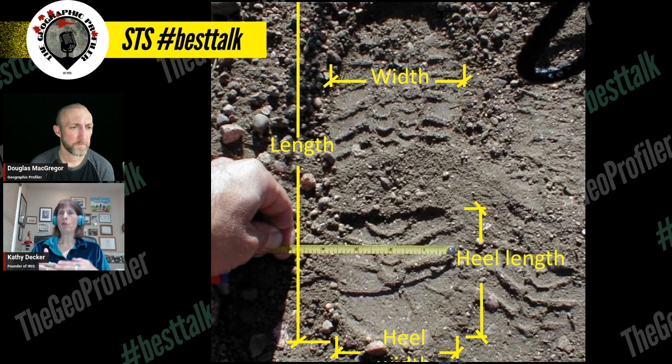And then maybe you go forward 4 more steps and you're not seeing the ball of the foot. Now you're seeing the heel width only. So you can measure that and say, okay, good. Now we're consistent again with that measurement. So it becomes important.